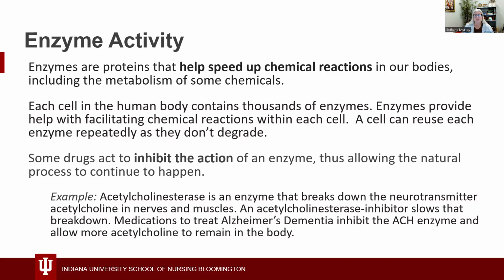So if we want to increase acetylcholine in the brain in particular, a medication that inhibits that enzyme is called donepezil, and it's prescribed for Alzheimer's dementia. It inhibits the enzyme that breaks down acetylcholine. So therefore, the person has more acetylcholine in their brain. Okay, so it's complicated, but if you just think it through step by step, it's actually quite simple and very logical.